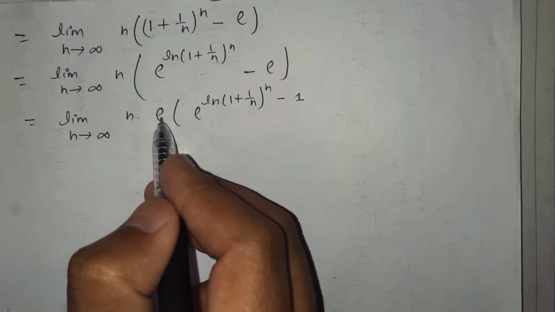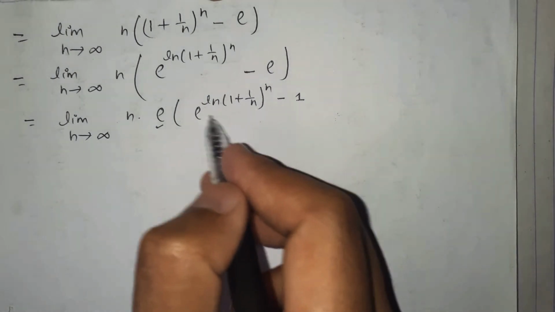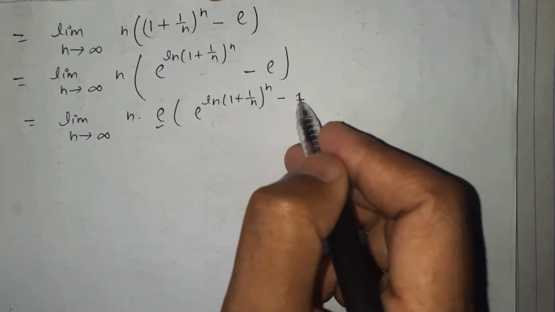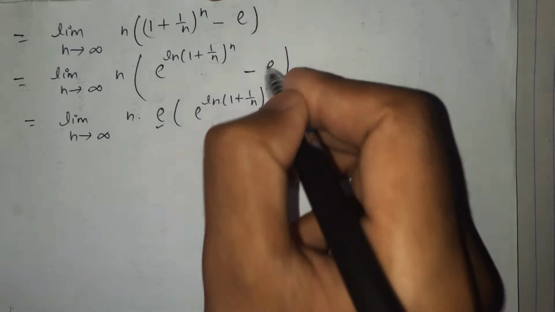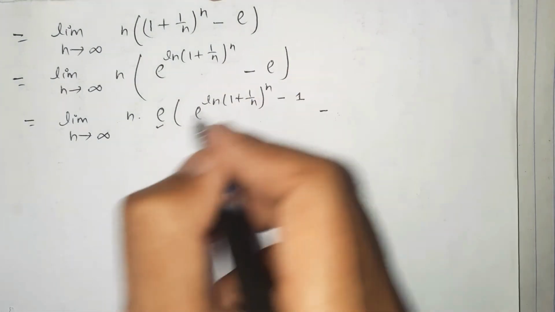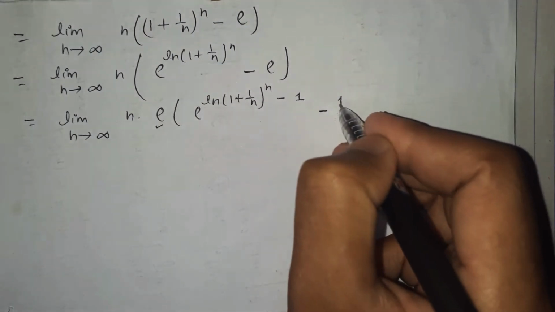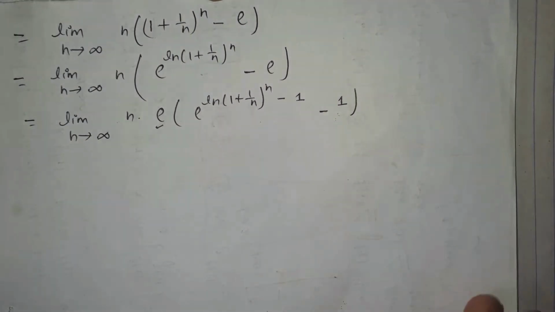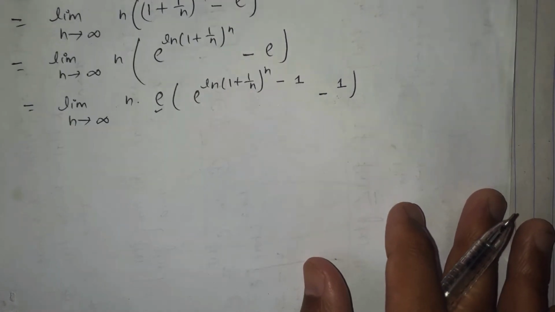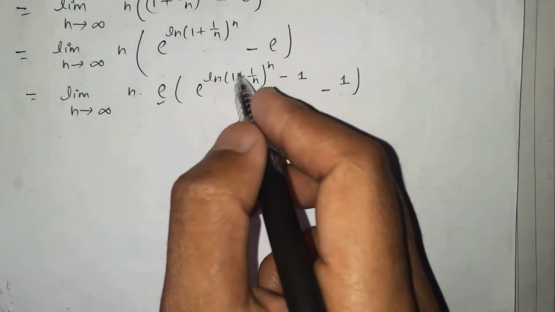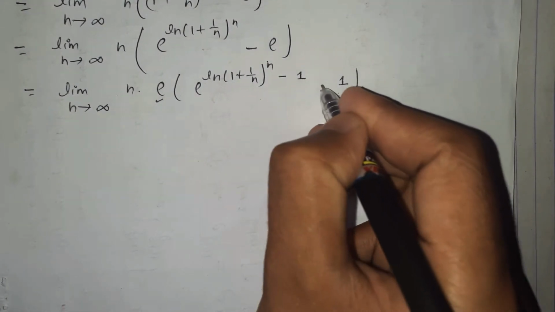Here we take e as common, so we have to do the minus 1 in the power because it has no e, so we give it a power of negative 1. The e goes to the front as common, so only 1 remains, minus 1. Here you just take the e as common from these two terms.